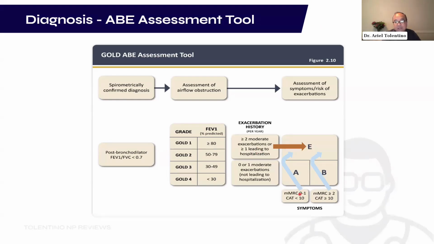Now, take note, any of these symptomatology scores are not really relevant for giving an impression of a group E for the COPD grouping, which would, of course, lead you to the pharmacological intervention. So always remember that in the grouping of E, what is important is the exacerbation and hospitalization history.